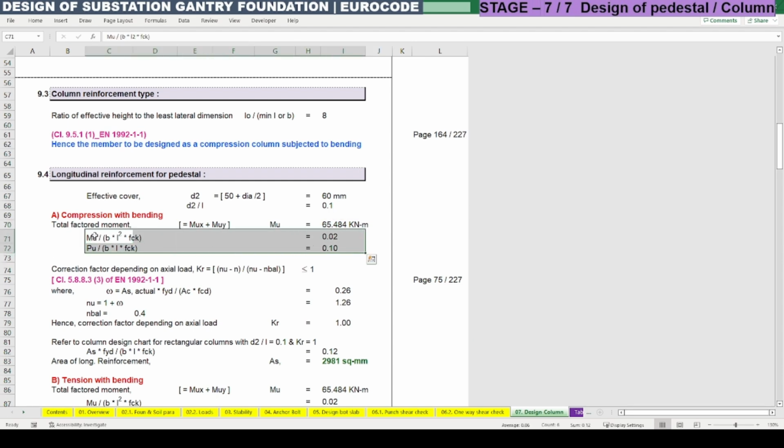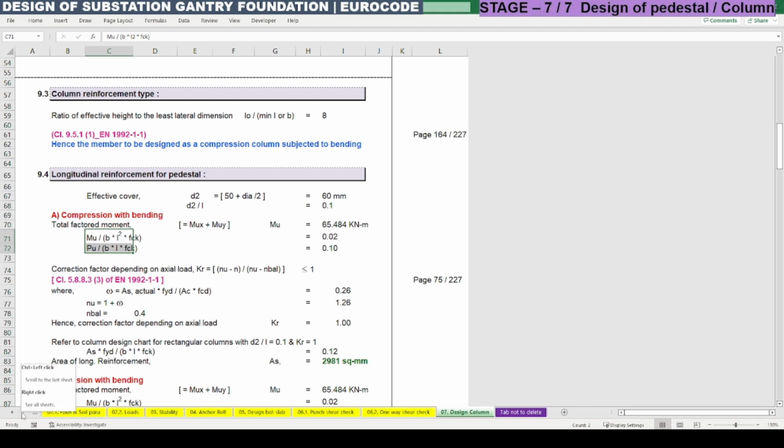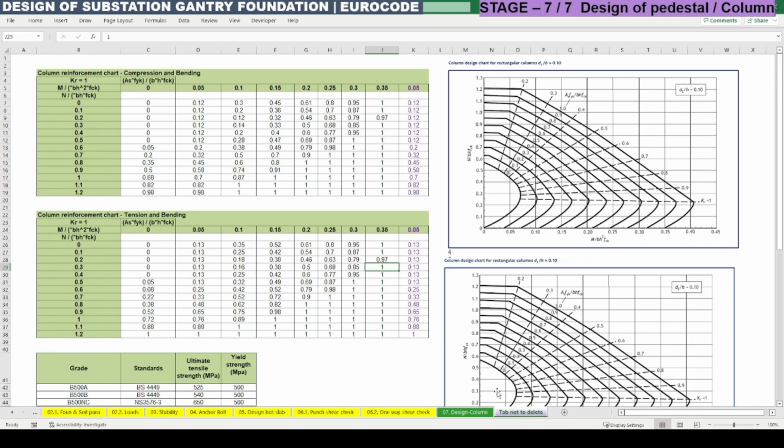This equation is for tension combined with bending and compression combined with bending. We are having some charts to be referred, because this EN 1992 part 1 section 1 will not have the details about the longitudinal reinforcement of column design. According to the national annex and the local national level books to be referred for designing this column reinforcement.